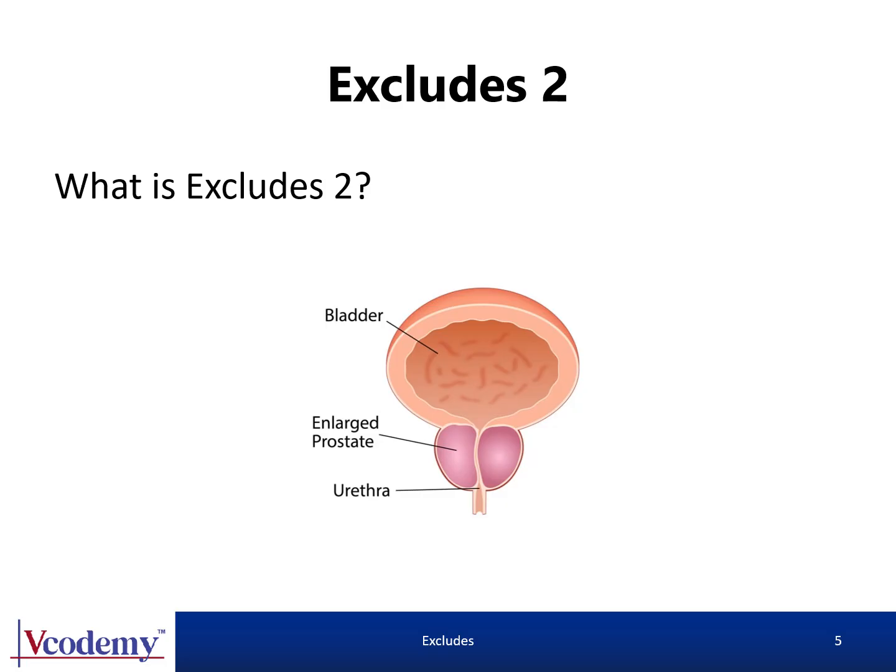So Excludes 2. You can see a picture of the urinary bladder, then the urethra, which is surrounded by an enlarged prostate. Excludes 2 actually represents not included here, as an Excludes 2 note indicates that the condition excluded is not part of the condition represented by the code.